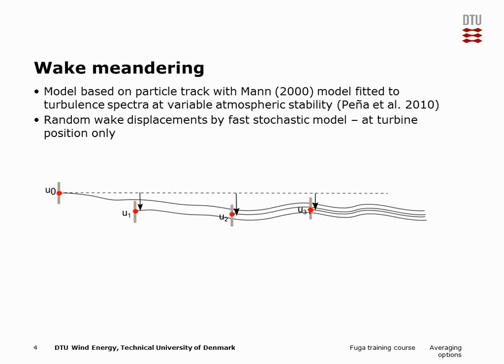Then in the model, the wind direction is always completely steady and exactly the same everywhere in the flow domain, but in reality there will be some movements of the wake because the wind is turbulent, so it's moved from side to side.